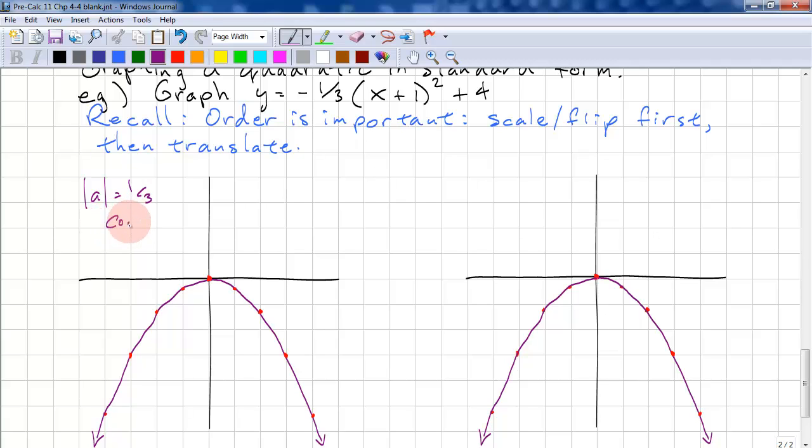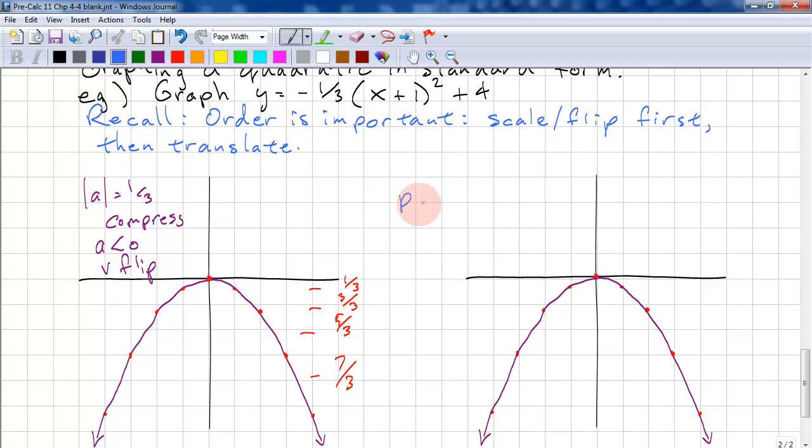So we compress. We have a is less than 0. So this is a vertical flip. So that's what I've done. And if you look at the points, this is 1/3. This is 3 over 3. This is 5 over 3. And this is 7 over 3. So we're going up by odd numbers, and we're multiplying by a constant ratio.